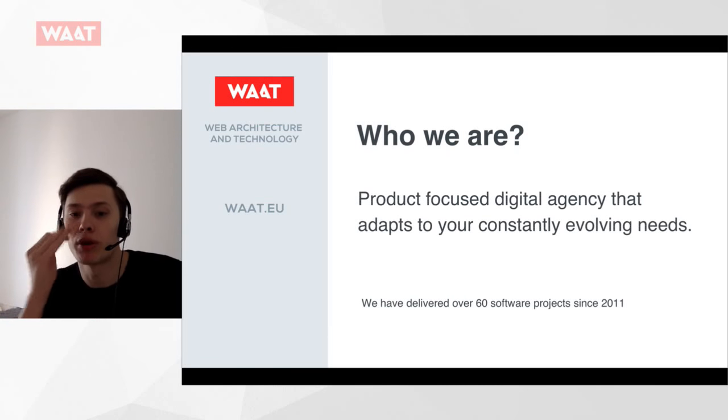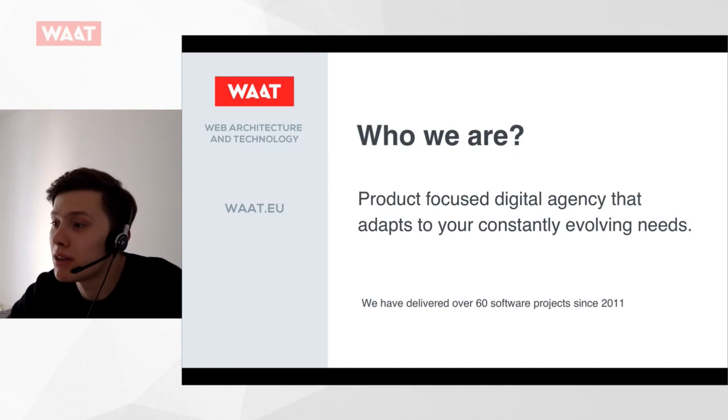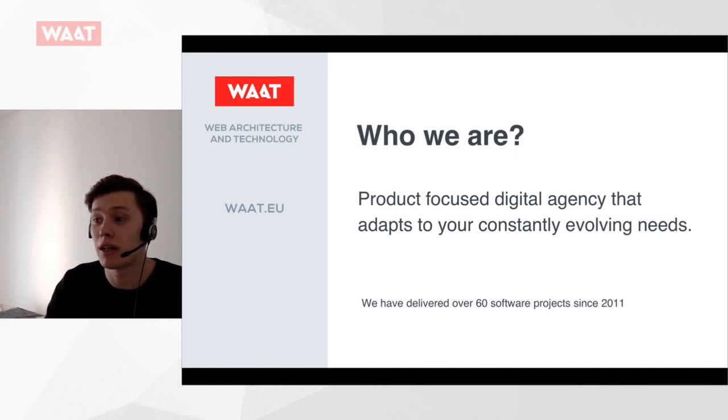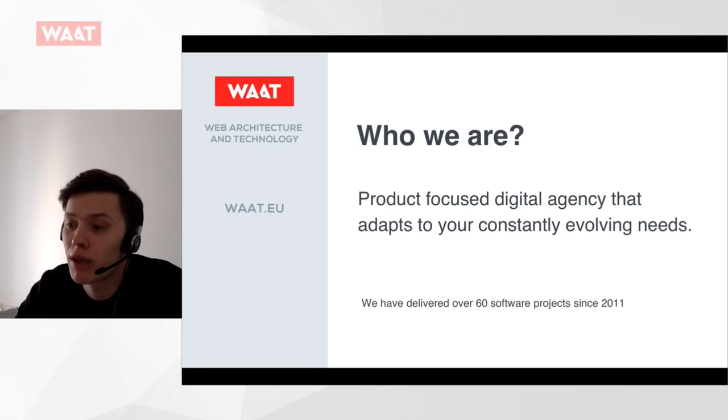Who we are. We're a product-focused digital agency that adapts to your constantly evolving needs. So basically, we help you to build products. We help you to build web applications, mobile applications. Since 2011, we delivered over 60 software products. And it's also probably important to know that we are a completely remote company.